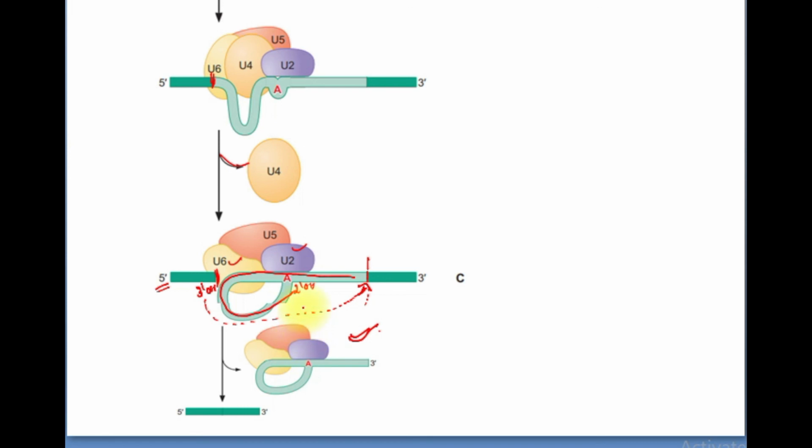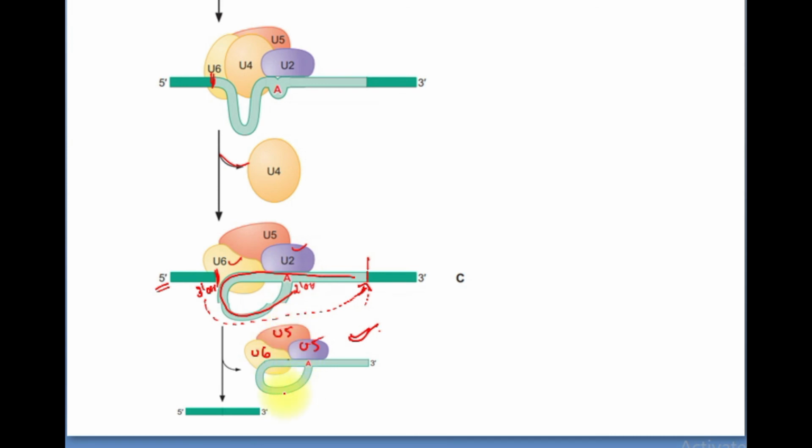Along with the introns, there are various types of snRNPs, that is the U5 snRNP, U6 snRNP and so on, and we have the exon which is the coding part. So, what happens?